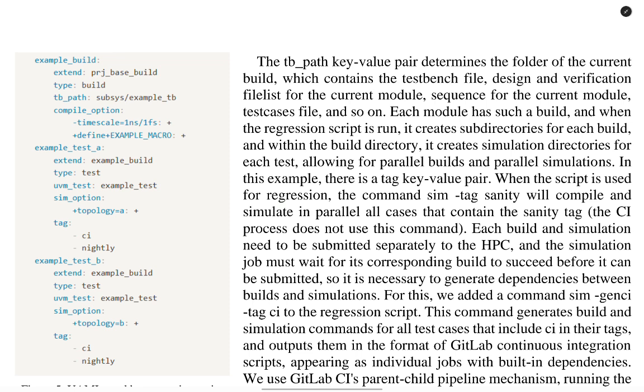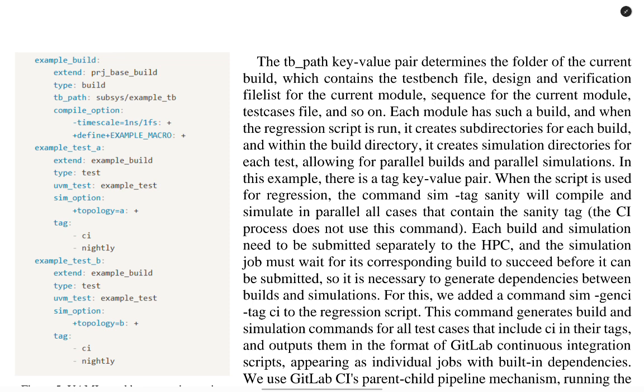In this example, there is a tag key-value pair. When the script is used for regression, the command sim -b -tag sanity will compile and simulate in parallel all cases that contain the sanity tag. The CI process does not use this command.